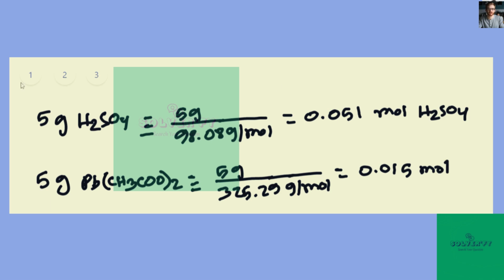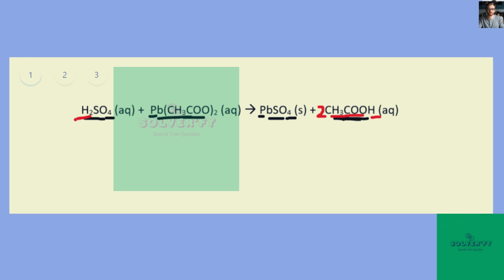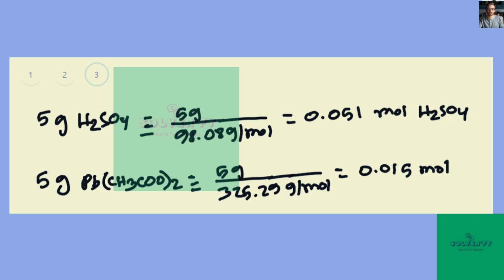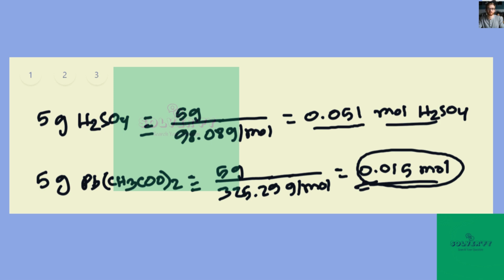Now, from the balanced equation we can see that 1 mole of sulfuric acid will react with 1 mole of lead acetate. That means 0.015 mole of lead acetate will react with 0.015 mole of sulfuric acid. Since lead acetate is lower in amount, it will be completely consumed, so this is our limiting reactant.